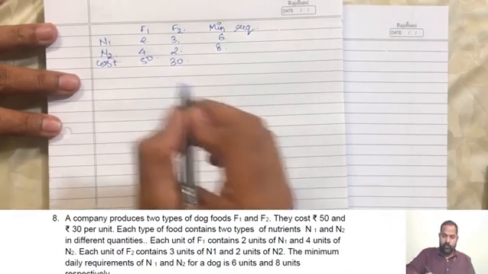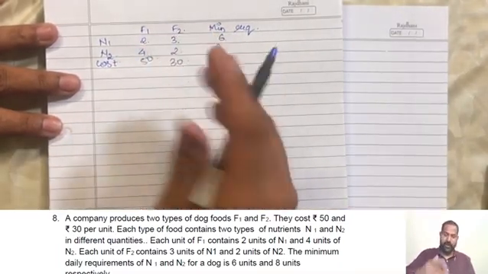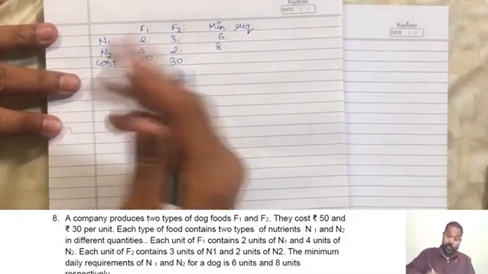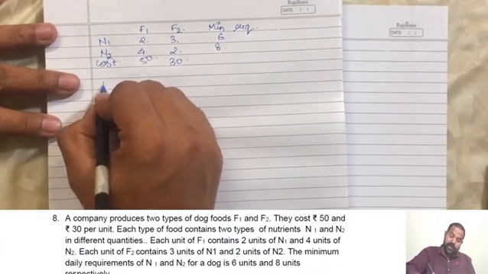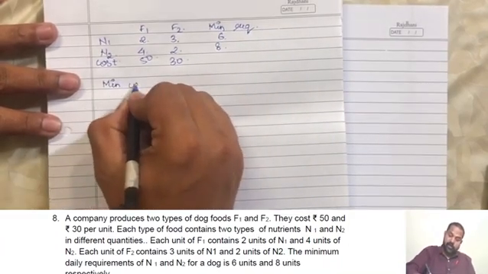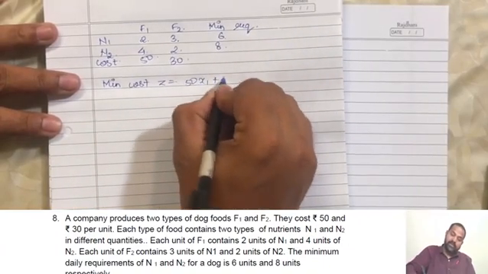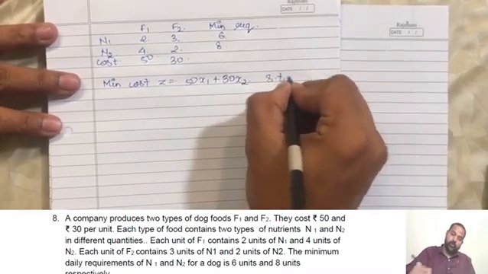Let the amount of the first food F1 be X units and F2 be Y units, or X1 and X2, Y1 and Y2, whatever you want to take, but declare it. I'm taking X1, X2. So I will say minimize cost. What is cost? Z is 50x1 plus 30x2. This minimization is subject to constraints.